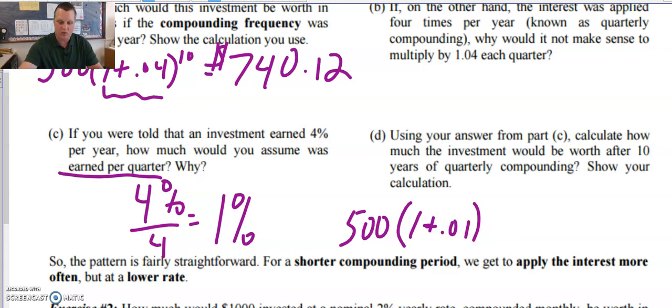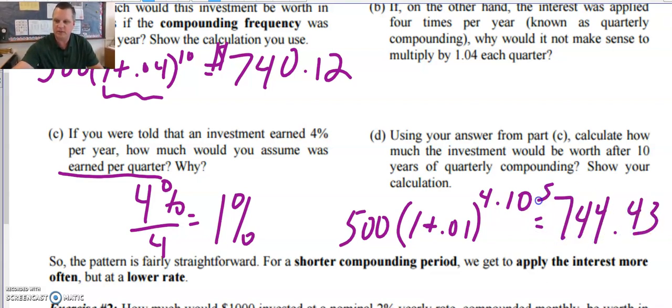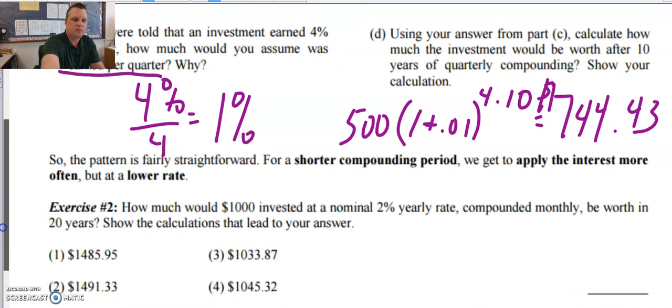But that 0.01 needs to be raised to the 4th power, okay, because it's quarterly times 10 because it's 10 years. And we end up with $744.43. So you can see it's a little more quarterly because you're gaining a little interest every quarter instead of just waiting until the end of the year.